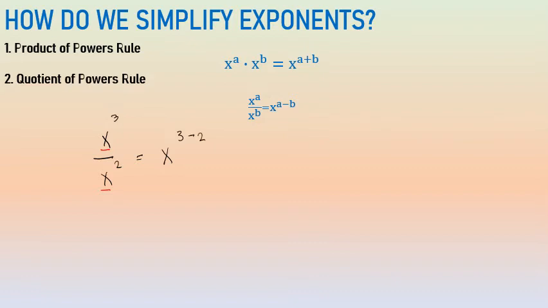Okay? So, let's simplify this one. X, since we have two same bases being divided with each other, copy the base and proceed to subtraction of exponents. So 3 minus 2, this should be equal to x raised to 1, or simply x. Okay. Another example.